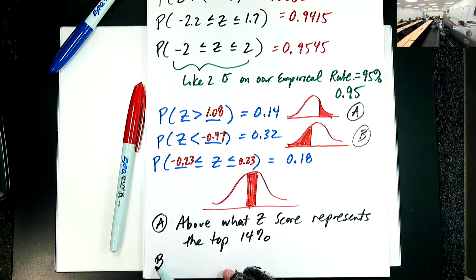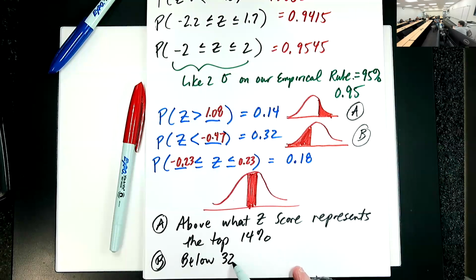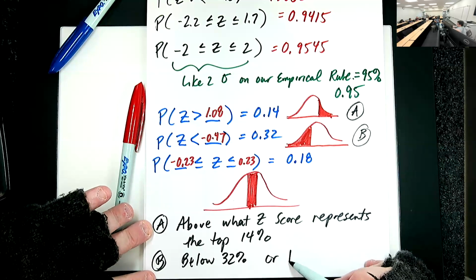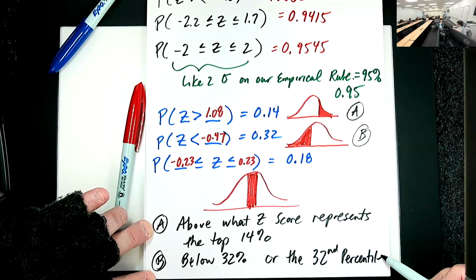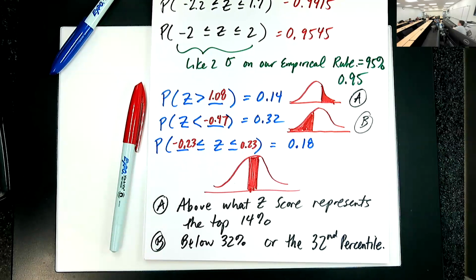B says something similar, but it'll say like below 32%, or the 32nd percentile. Because that's how percentiles work. Percentiles represent the percentage of people or values that are below a certain amount.